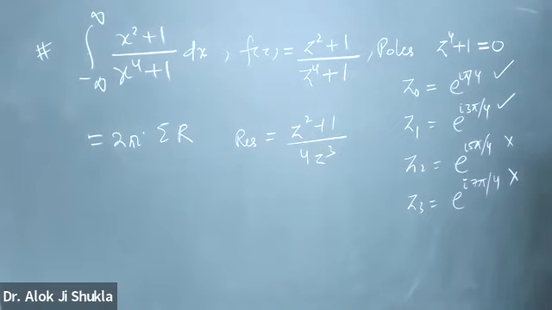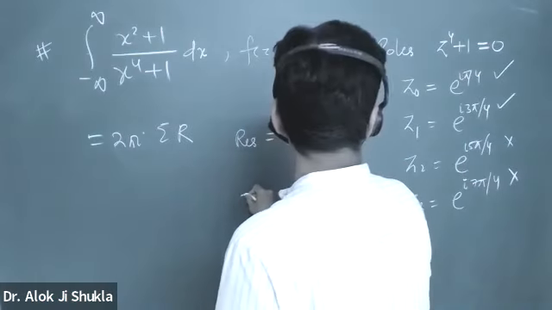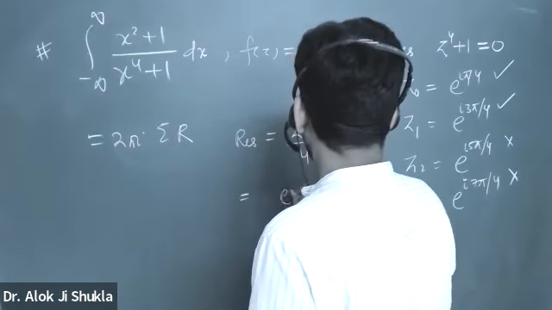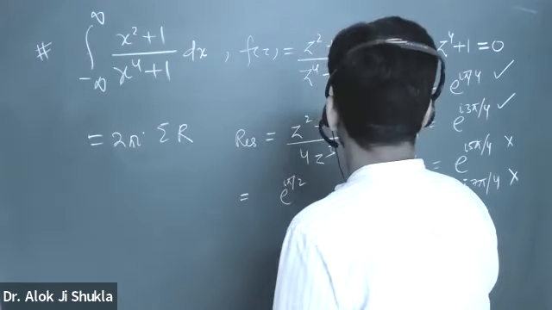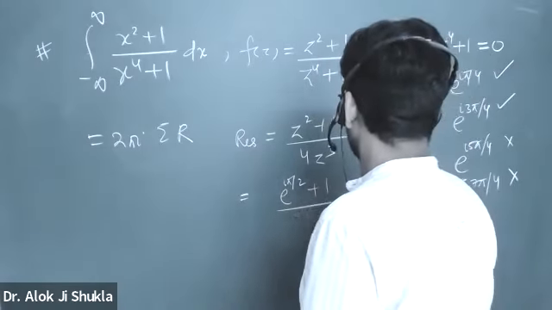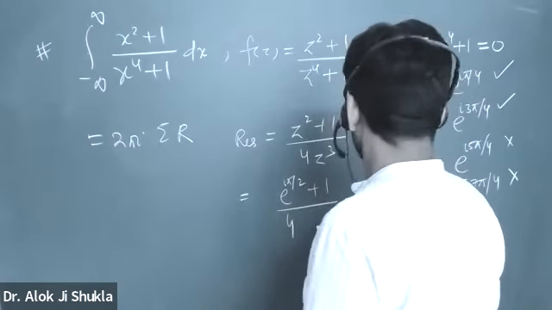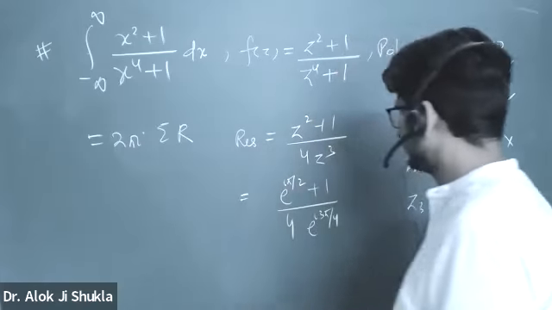And what will the first residue become? e to the power i pi by 2 plus 1 upon 4 e to the power i 3 pi by 4.